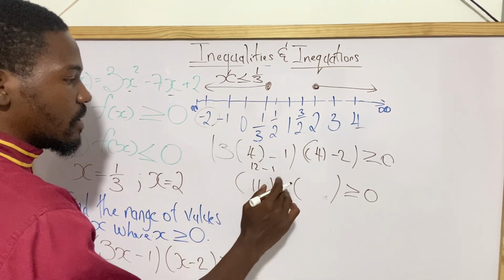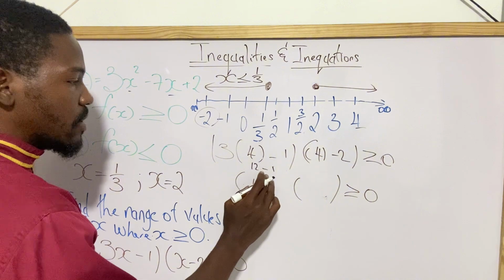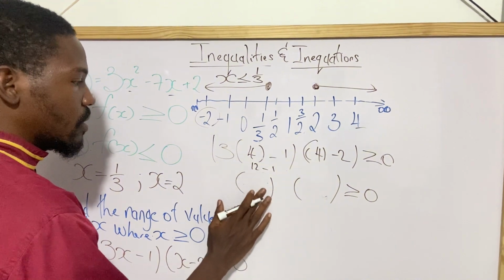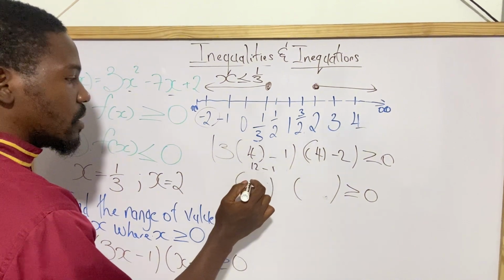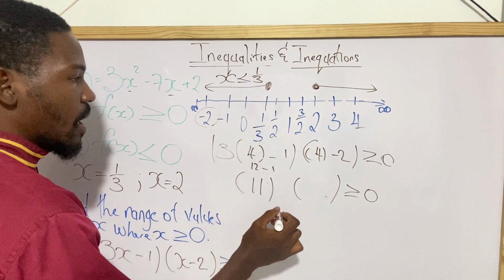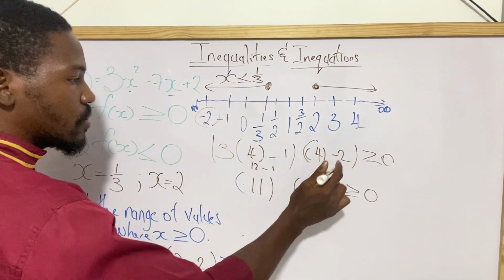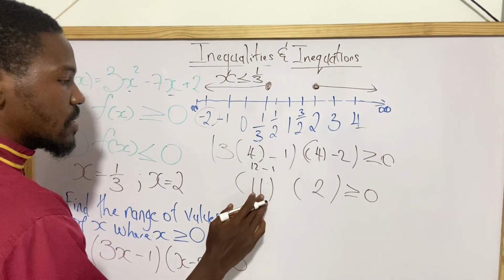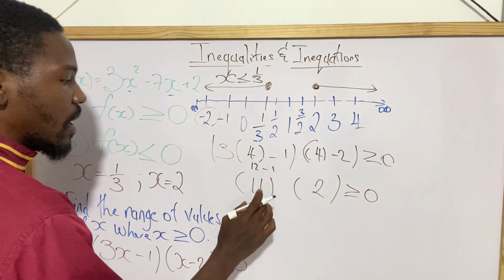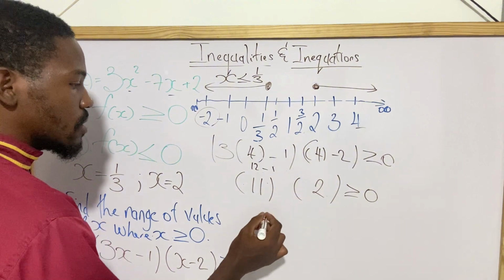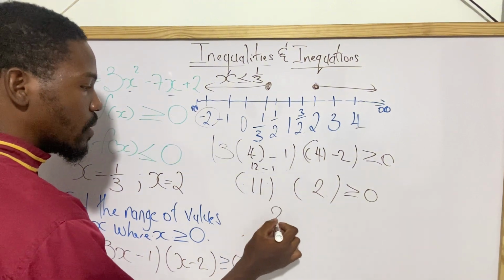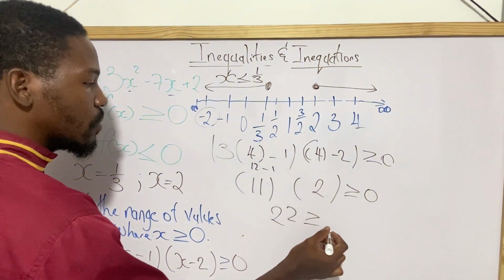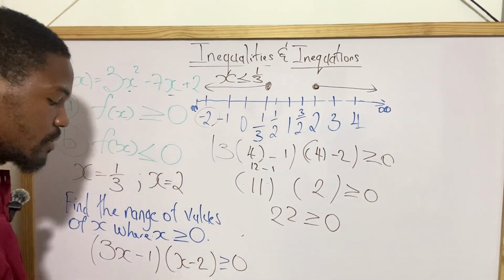Sorry, 12 minus 1 is going to give me 11. And 4 minus 2 is going to give me 2. So the next thing now is multiplying them, we're going to get 11 times 2. So 11 times 2 is going to be 22. And we say that 22 is greater than or equal to 0.